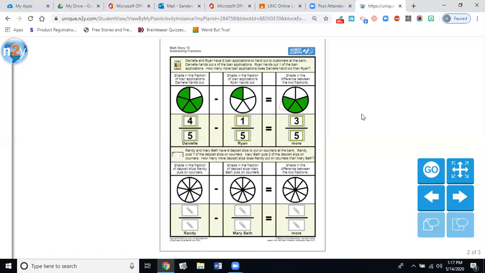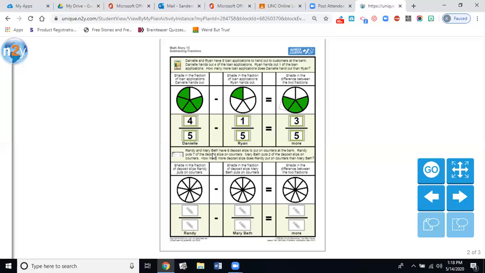Does that look right? 1, 2, 3 out of 1, 2, 3, 4, 5 parts. All right. We did it correctly. If you have 3 shaded out of 5, you have done that one correct. Okay, let's do this bottom one.